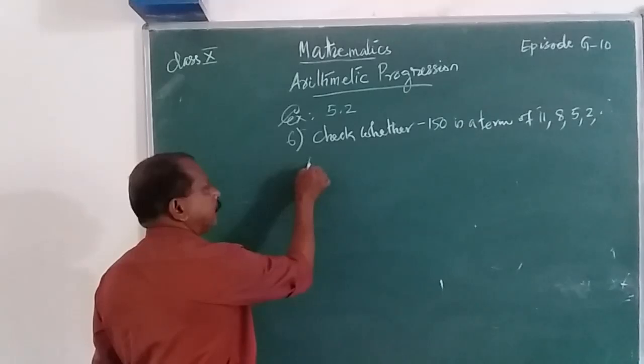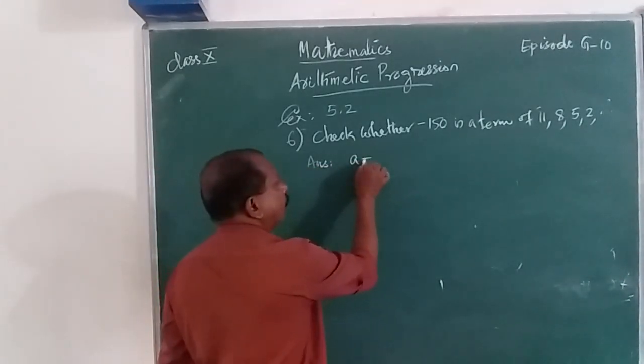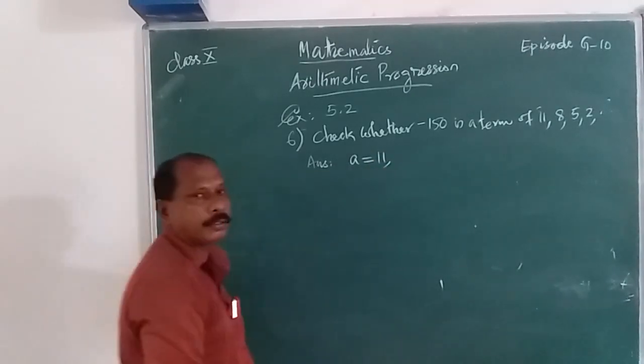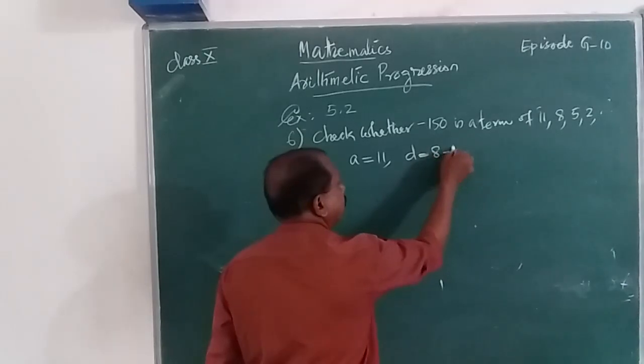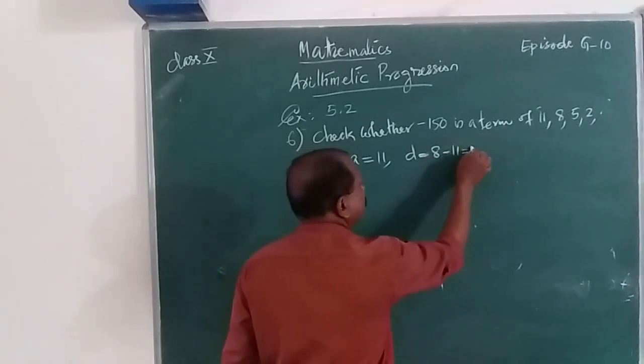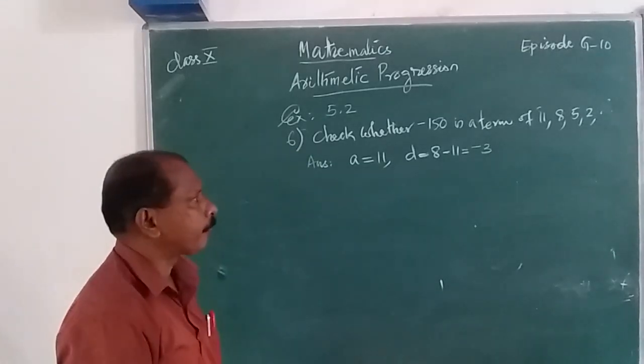Similarly, answer is: A is equal to 11. D is equal to 8 minus 11, is equal to minus 3. That is decreasing.